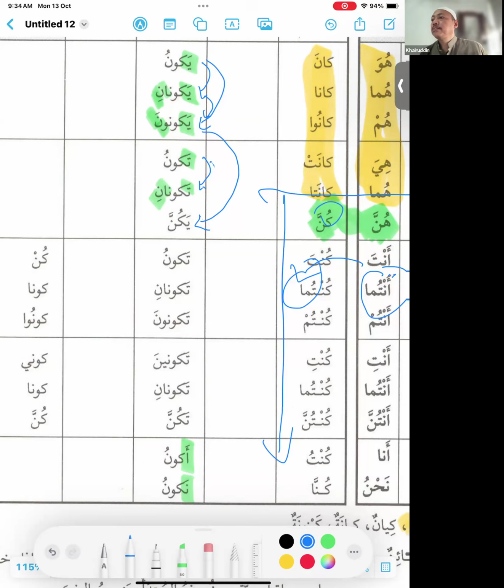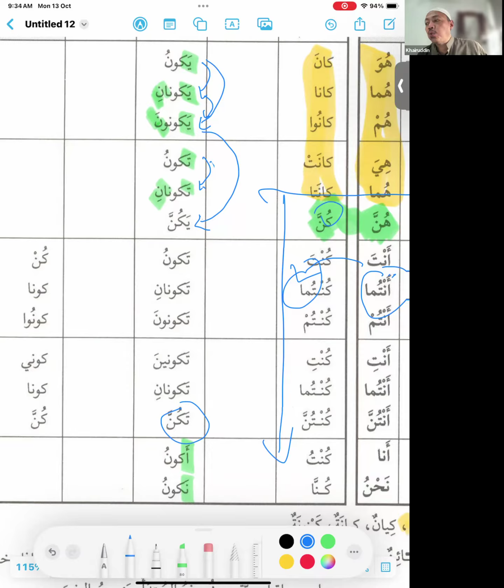Yakunna. So you don't say takunna, but yakunna. Takunna is reserved here for antunna. Right? And then you move on.